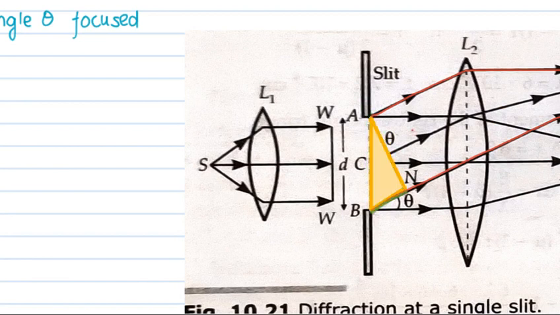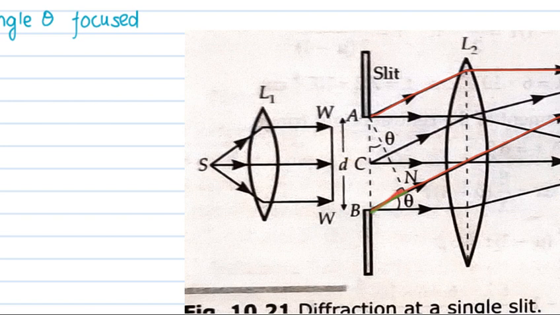In this triangle, this angle is theta. This distance AB is known as the slit width, which is given by small d. We need to find this distance BN.